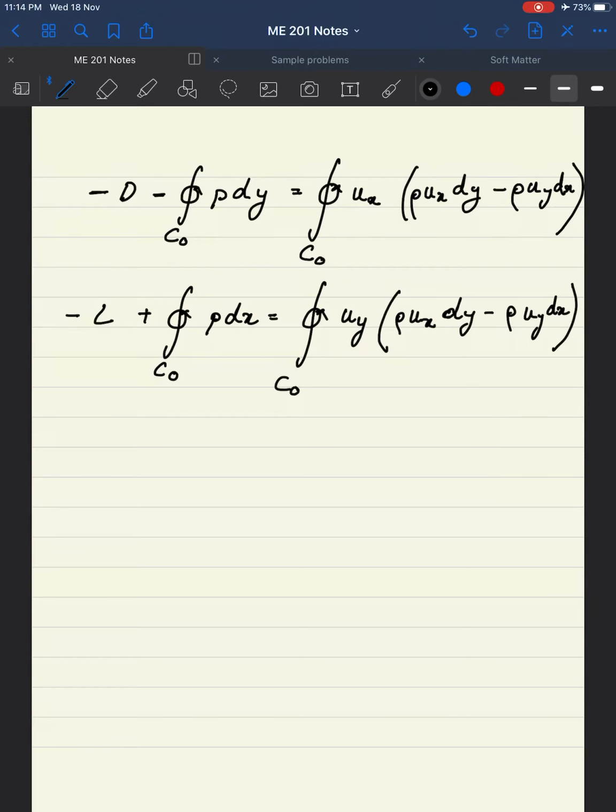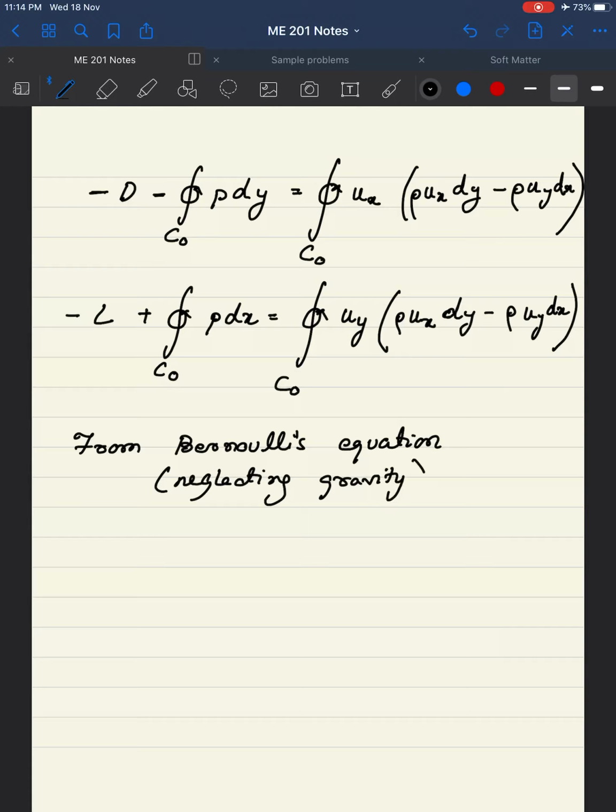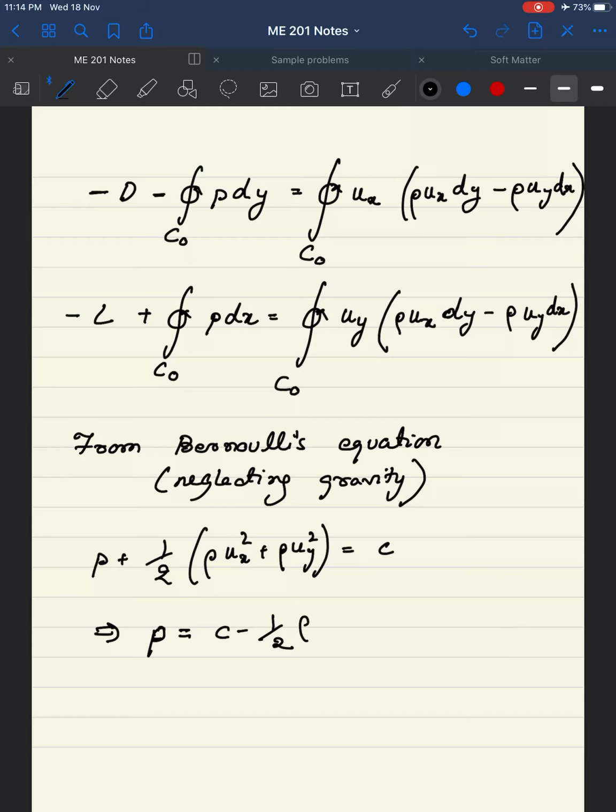Okay, now from Bernoulli's equation, if you neglect the gravity portion, we have been doing that for some time, so neglecting gravity, you can see that we can say that p plus half rho ux square plus rho uy square equal to some constant, or this pressure now is equal to some constant minus half rho ux square plus uy square.